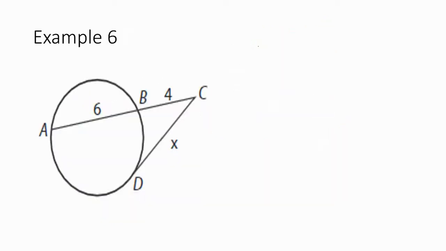All right. So here's another example. Again, we have the secant line, and then we have our tangent line. And just like how the secant tangent product theorem stated, we have AC, the whole secant, times the external, which is BC.